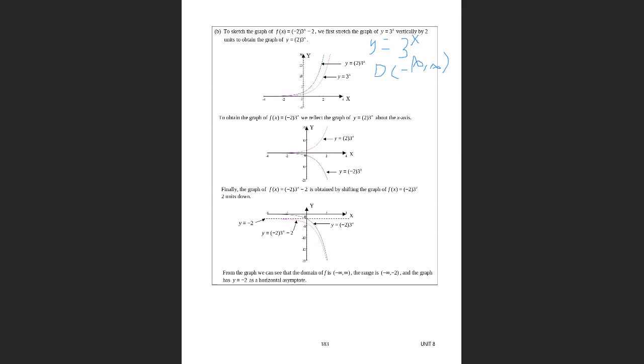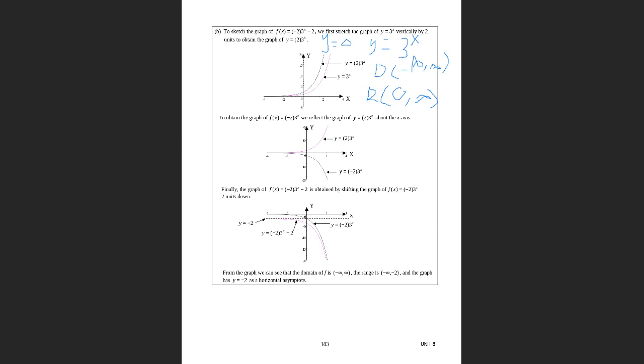But your range, remember that in this graph your asymptote is y equals 0. So your range is going to be from the asymptote, not inclusive, 0 to positive infinity, like this.